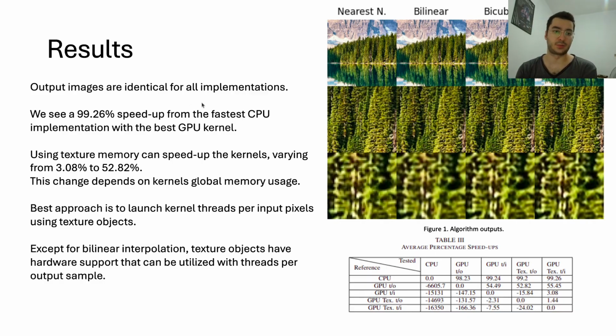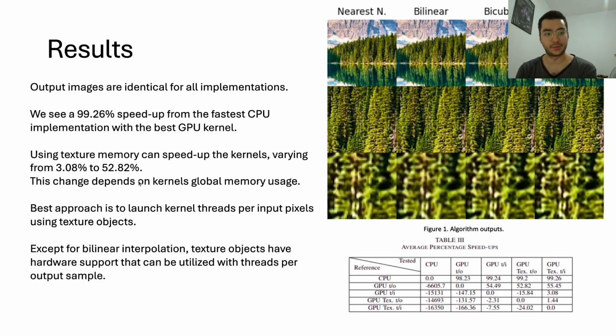We see a 99.26% speed up from the fastest CPU implementation when it's compared with the best GPU kernel. Using texture memory speeds up the kernels, but this speed up varies from 3% to close to 53%. This change depends on the kernel's global memory usage.